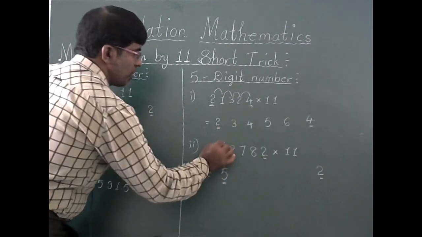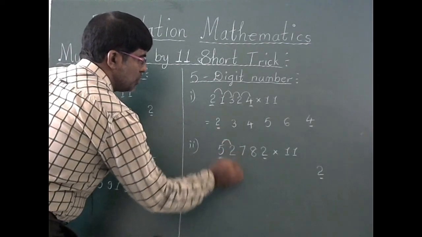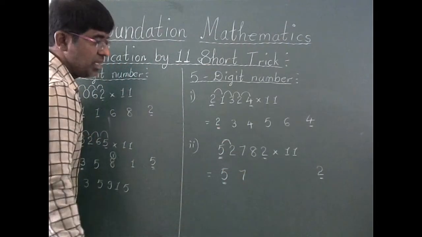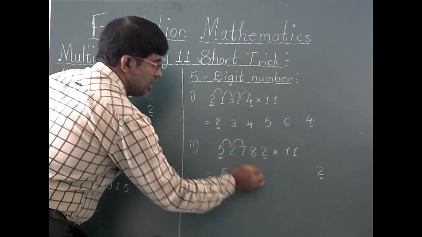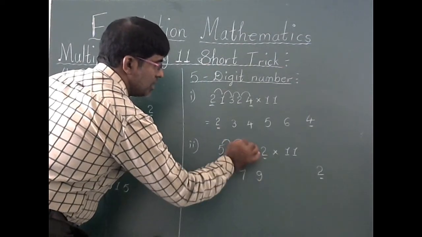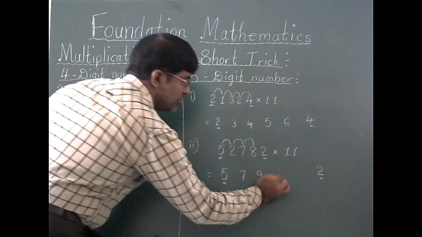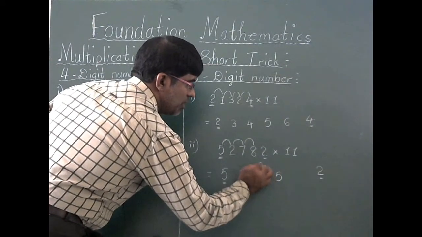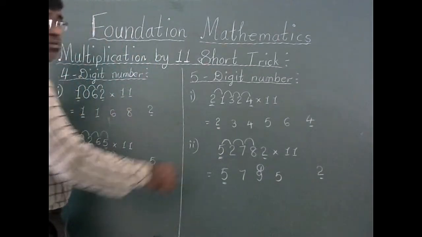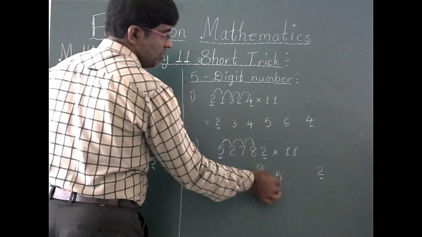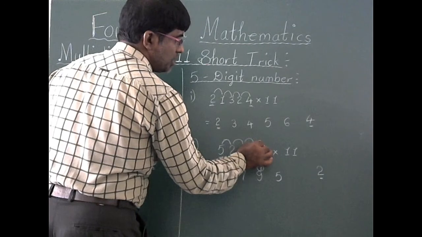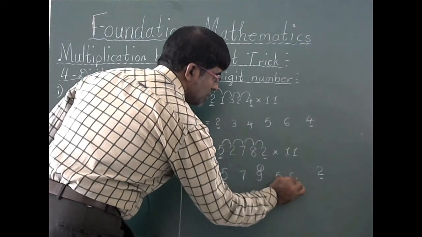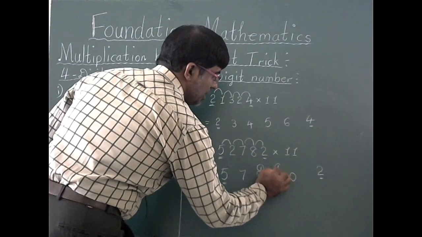But 5 plus 2 is 7, 2 plus 7 is 9, 7 plus 8 is 15. So 5 I am writing here, but 1 carries to 9. 8 plus 2 equals 10, so 0 I am writing here, 1 carries to 5.